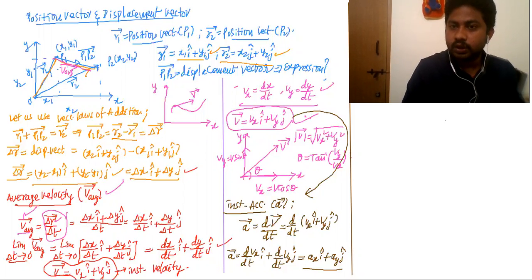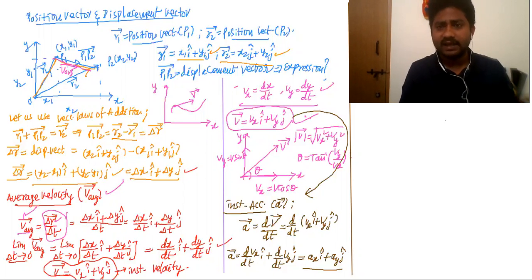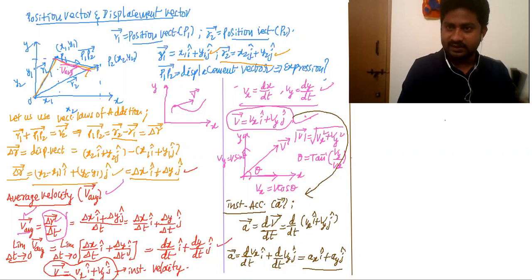Vx is equal to dx by dt, Vy is equal to dy by dt. What is instantaneous velocity? At a particular instant, the position of the particle. This is the position of the particle along the x-axis, and the position of the particle along the y-axis. In the same way, Ax is equal to dVx divided by dt, and Ay is equal to dVy by dt.